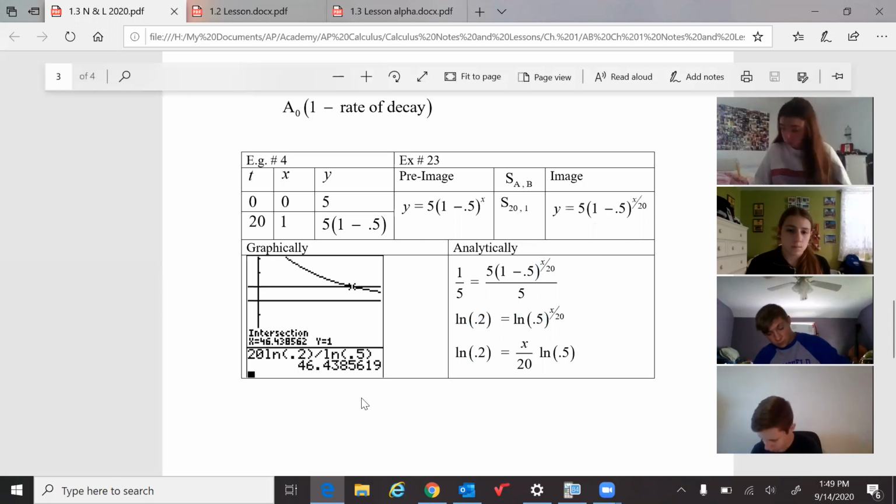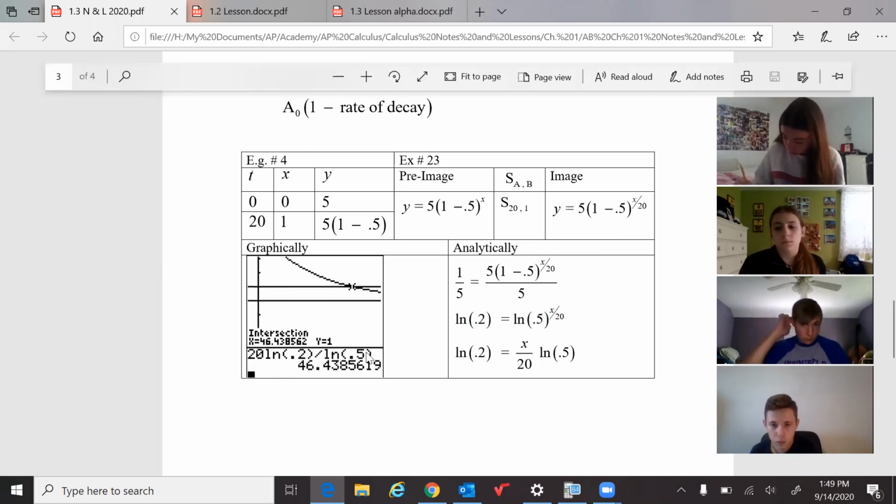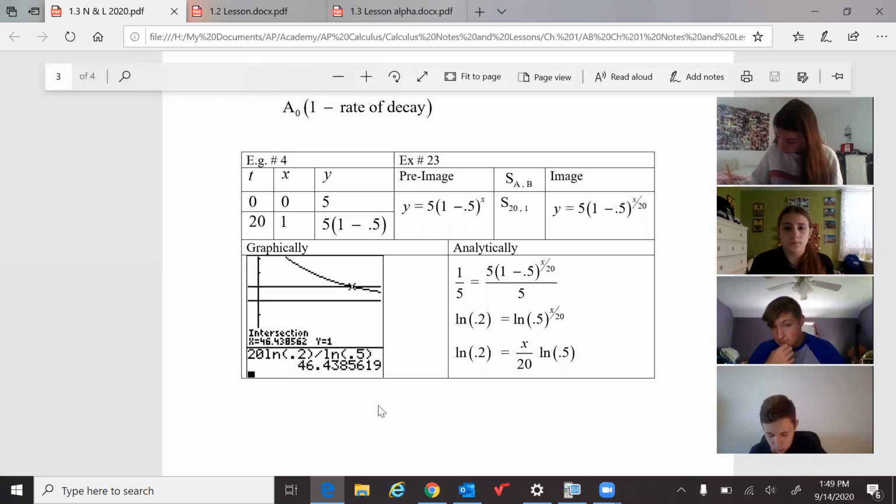Well, I need a calculator to get that answer, but perhaps they would be good with just giving you the input. They want to see how you got that. So just so you know, I want you to do this on the home screen.